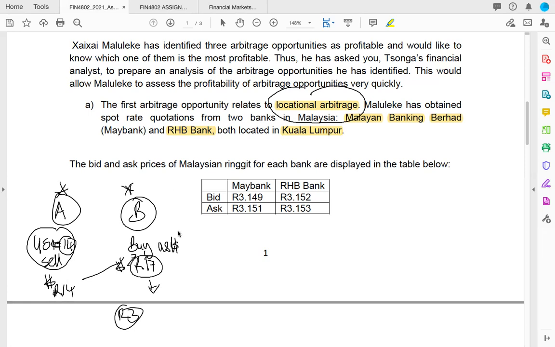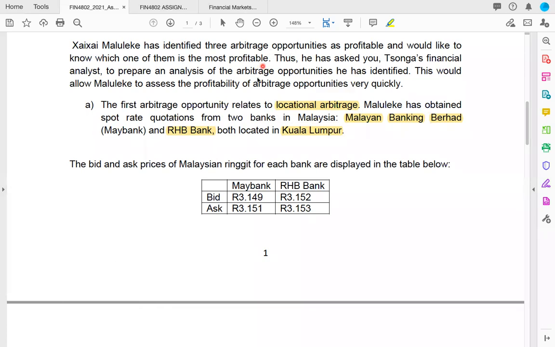It's simply buying a currency where it's cheaper and then selling it where it's more expensive, where you're getting more money for that currency, and then you make a profit based on the price difference. You find something selling for less elsewhere, you quickly buy it, and then you sell it in another market where parties are prepared to pay more.